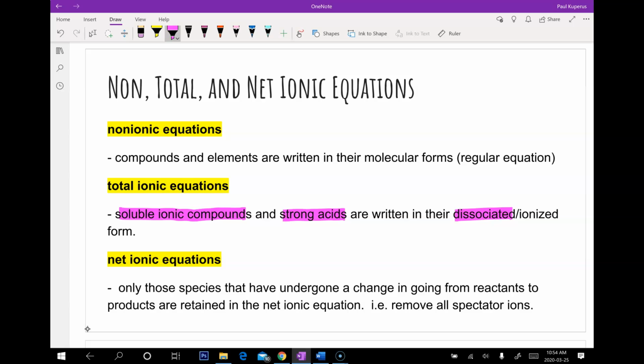So if we have a molecular substance, it will stay in the state that it is in. If we have a weak acid, it will stay in the same form. If we have any element, it will stay in the same form. Finally, we cancel our spectator ions to write down our net ionic equation. If needed, we may need to reduce the coefficients, which doesn't happen often, but it can happen.